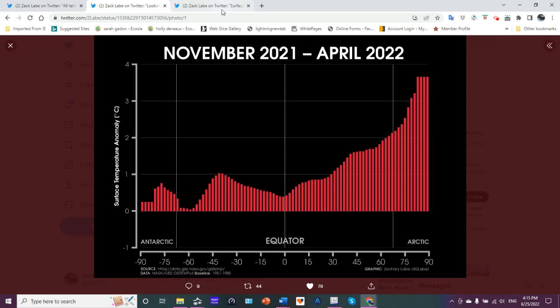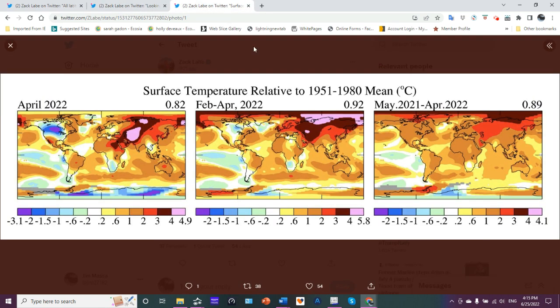And finally, surface temperature relative to that 30-year period, okay? And he breaks it down for April 2022, then February through April, so it's February, March, April, those 3 months, and then May 2021 to April 2022. That's basically a 12-month period.